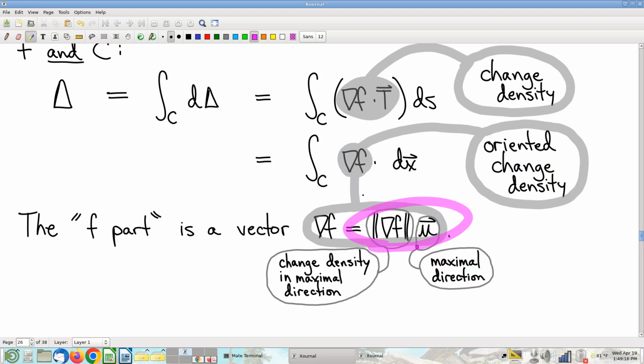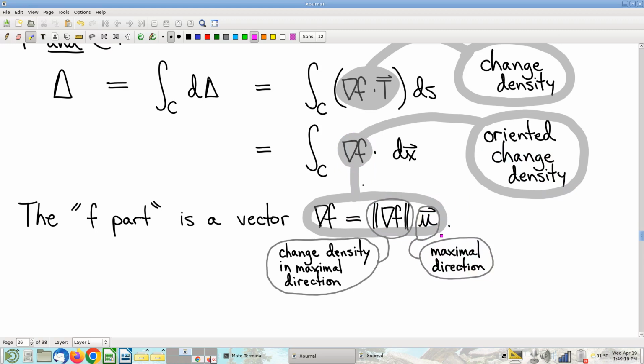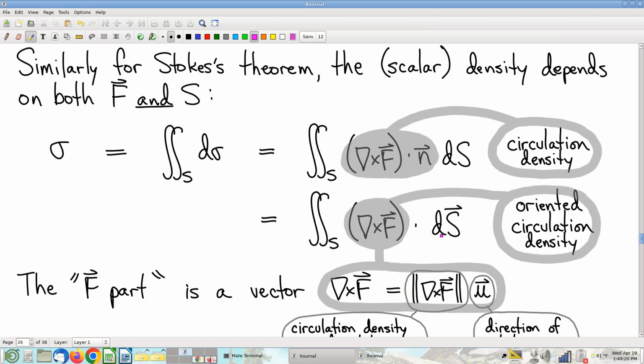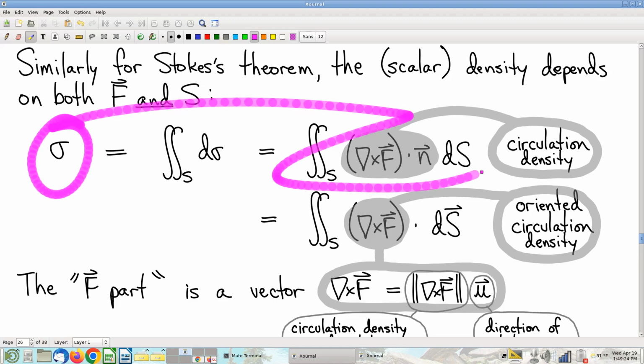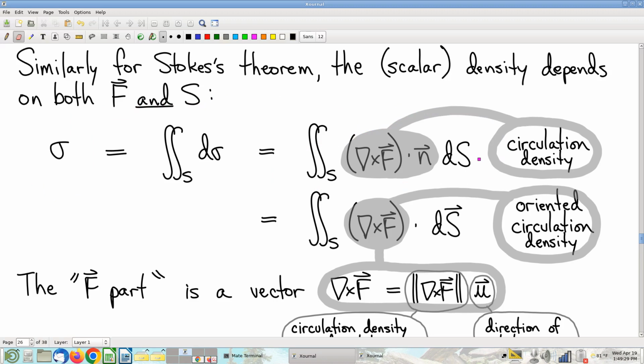Okay, the same analysis works perfectly analogously for Stokes's theorem. Here is our first take on Stokes's theorem. We wrote this down, and yes, you can interpret this as what you might call circulation density, in the sense that that's what you multiply by size to get quantity of circulation this time.